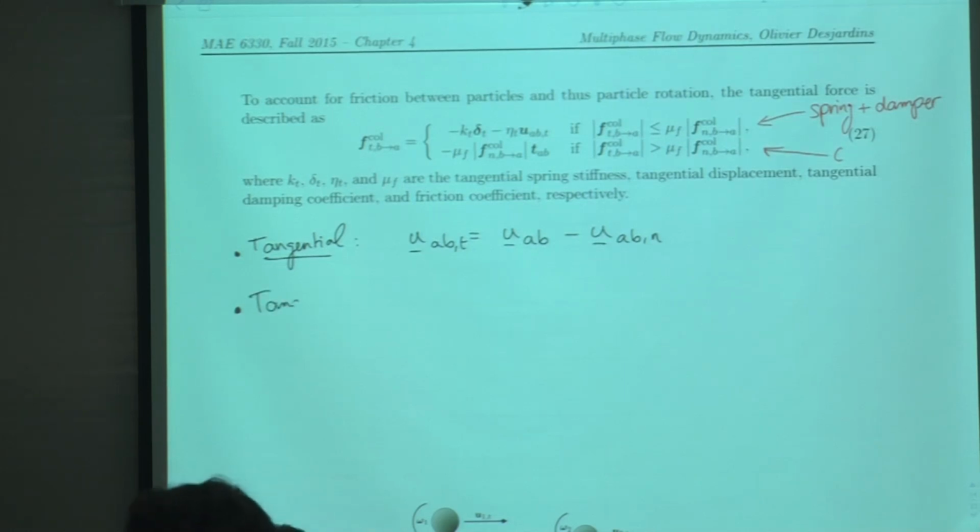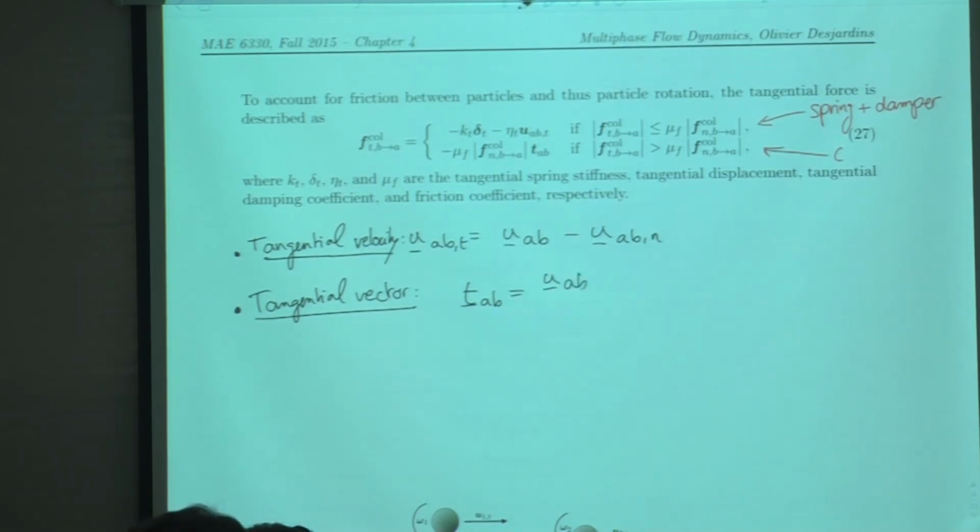So our tangential vector, oh, I meant to say tangential velocity. And you need a tangential vector in which the collision is taking place. That is just going to be given by normalizing your tangential relative velocity: U_AB,T over the magnitude of U_AB,T.